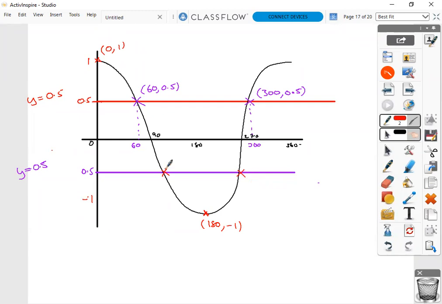It cuts where x is 120, and it will cut when x is, what would x be? 240.